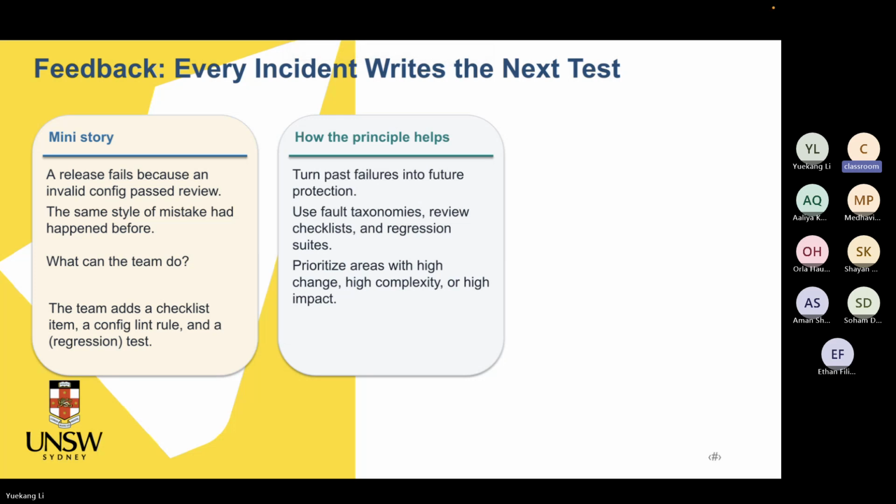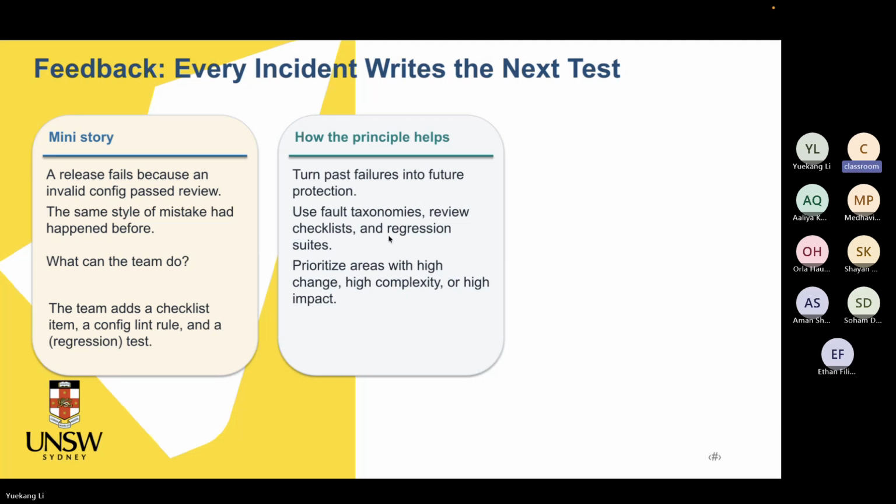So this principle helps, as we can see, obviously. It can turn past failures into future protection. Whatever has failed in the past can be converted into tests to make sure that the performance of the system doesn't regress, right? And often we are using fault taxonomies.